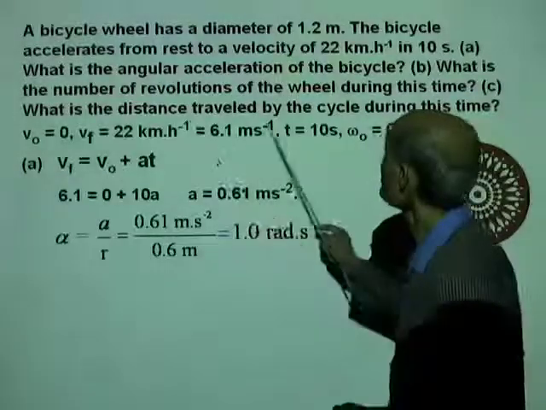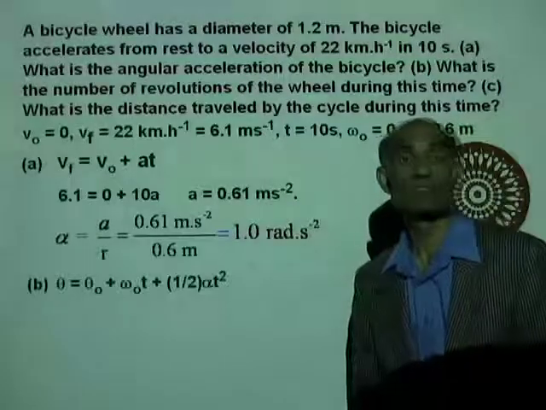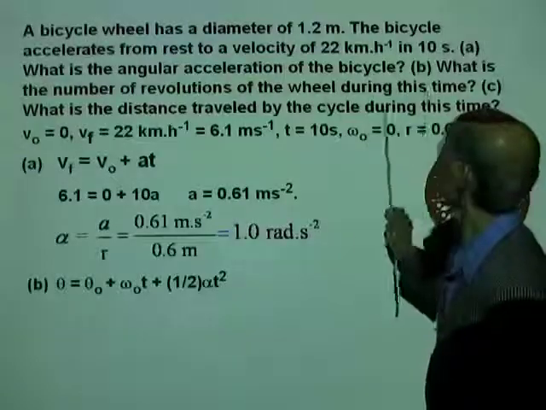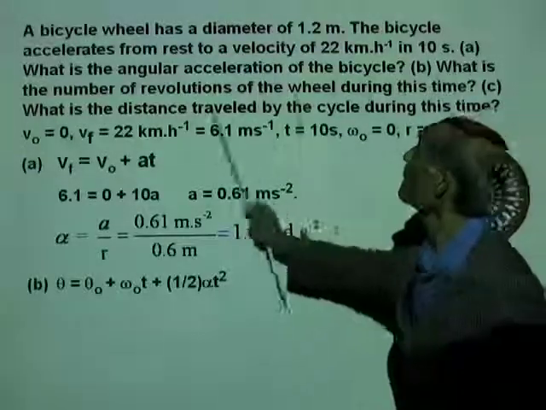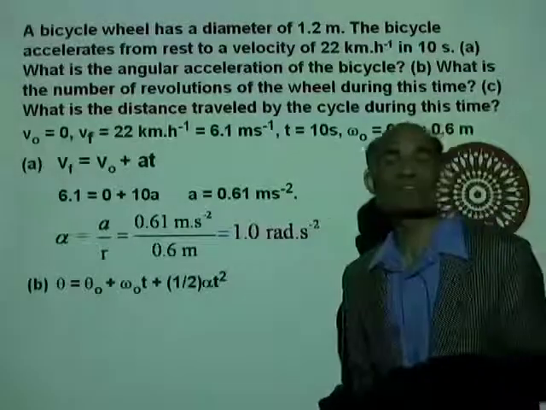C. What is the distance traveled by the cycle during this period? No. B. What is the number of revolutions of the wheel during this period?